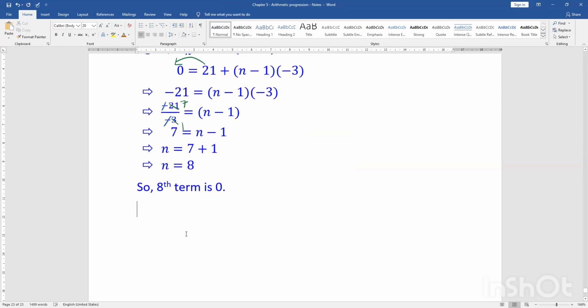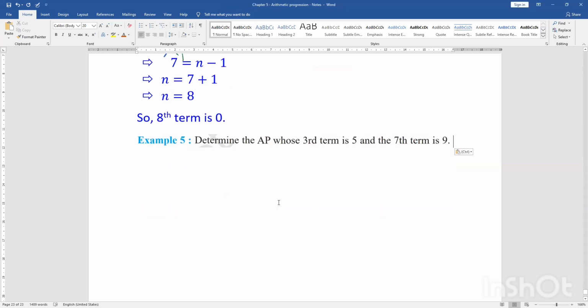Okay, children, now I move on to the next problem. Example 5. Determine the AP whose third term is 5 and seventh term is 9. Okay, so now what is given? First of all, we need to analyze that.